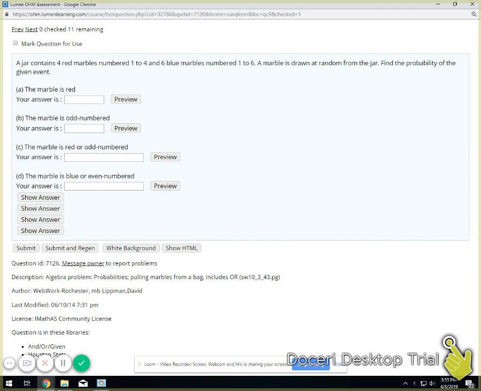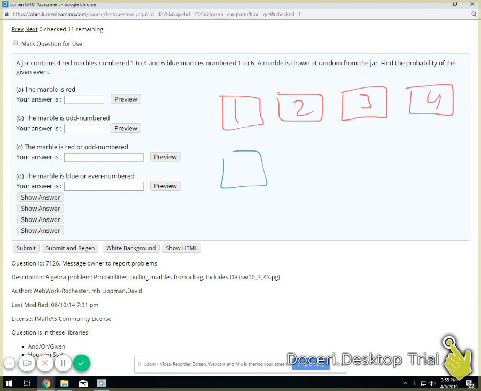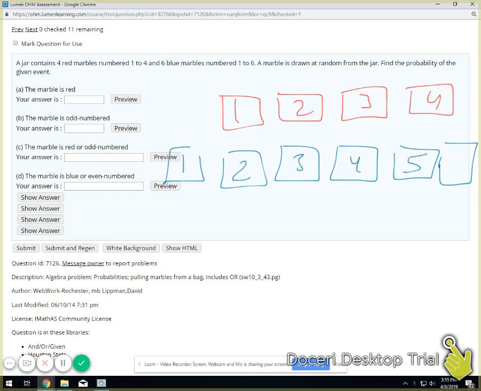Let me draw this out again. So we have 4 red marbles. We had 6 blue marbles, that is 1, 2, 3, 4, 5, 6.